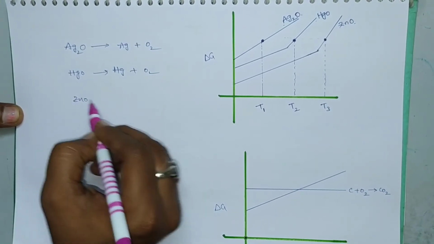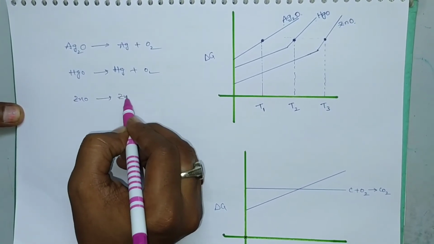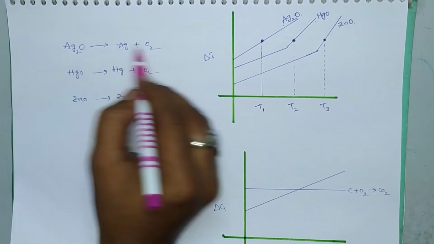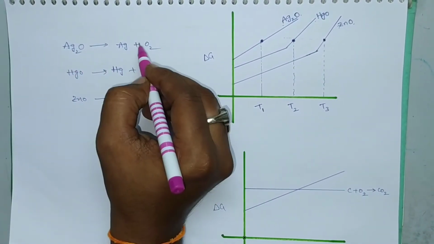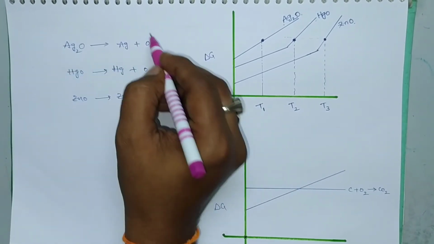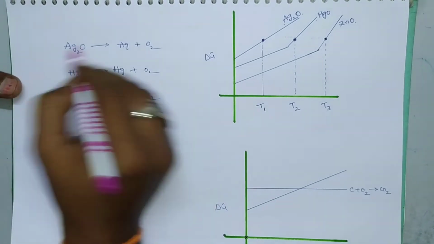Here zinc oxide decomposes to produce zinc and oxygen gas. Don't bother about any balancing. Here we have to consider only 1 mole of oxygen, for the decomposition of 1 mole of oxygen.